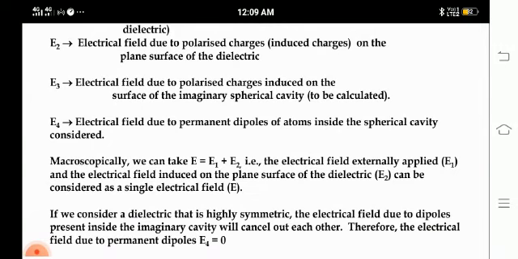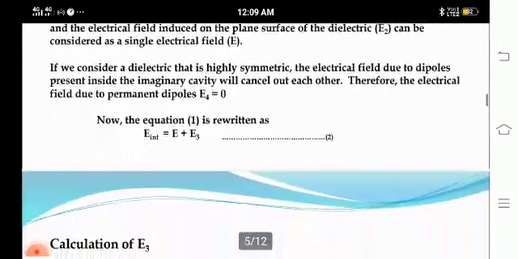The electrical field due to dipoles present inside the imaginary cavity will cancel each other. Therefore, the electrical field due to permanent dipoles, that is E4, is equal to zero. So equation 1 becomes E internal is equal to E plus E3, where E is E1 plus E2.